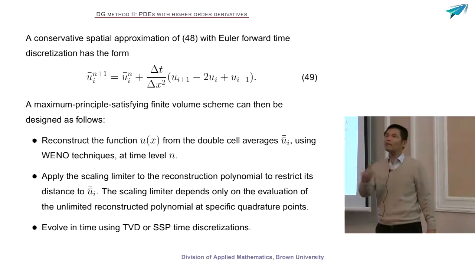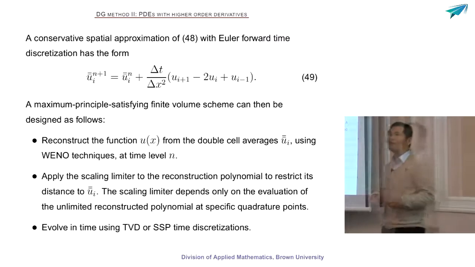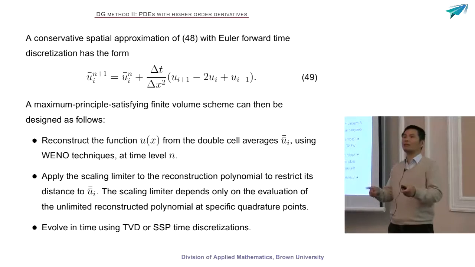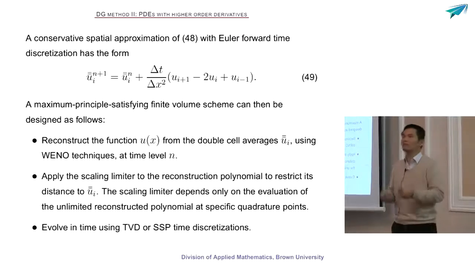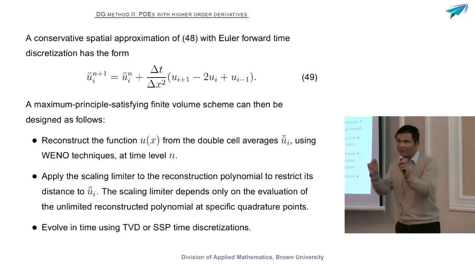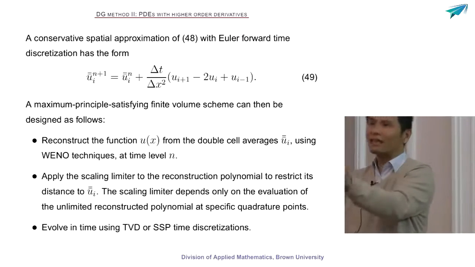We perform a reconstruction. This time, the reconstruction is to reconstruct a function u(x) from its double cell average. So it's slightly different from the standard reconstruction, where you reconstruct a polynomial from a single cell average, right? Now you have the information of double cell average, but still, it's okay. You reconstruct a polynomial whose double cell average in each cell agrees with the given double cell average.